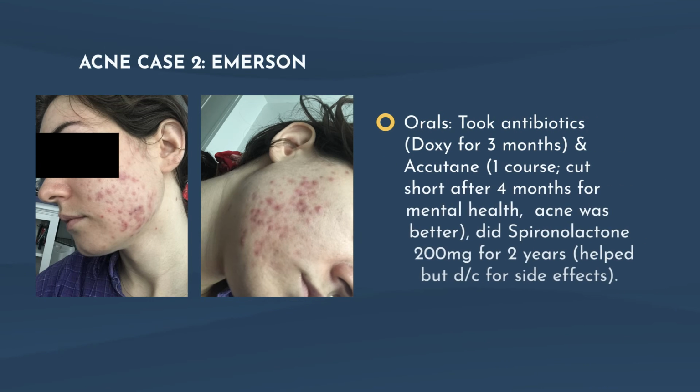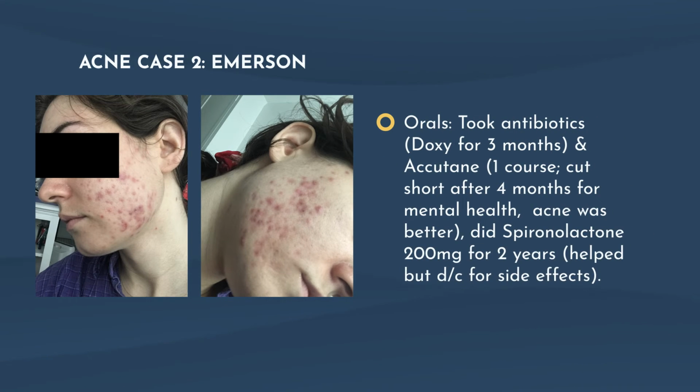They took that doxycycline that we talked about for 3 months, and the Accutane or the isotretinoin. 1 course, but cut it short after 4 months. They felt like they were having some mental health issues. And I also did spironolactone, which is a very common prescription. 200 milligrams is a pretty high dose for 2 years. It did help with the acne, but they discontinued it due to side effects. There's many side effects associated with spironolactone.